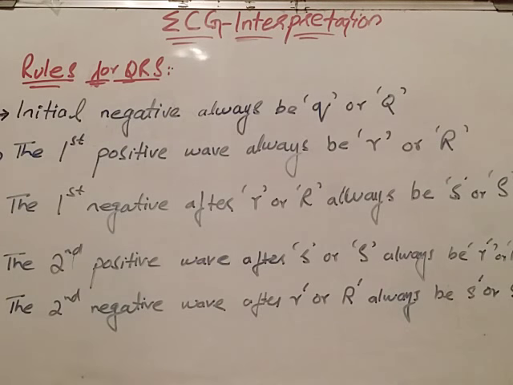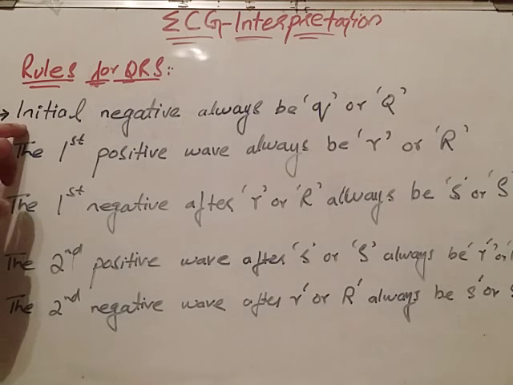So I think you're thinking that what I'm doing is presenting q, small r, small s. So these are the rules, and how these rules apply I will tell you.